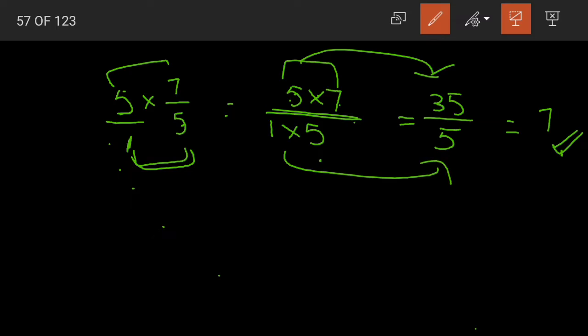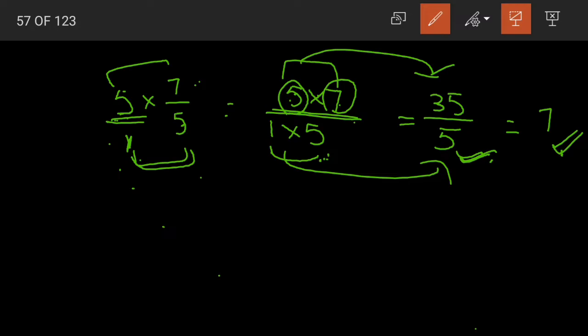So that is why when we have a whole number, we simply go for multiplying the numerator with the whole number. We leave the denominator as it is. Why? Because even if we multiply, 1 into any number will be the number itself. So that is why when we have a whole number, how do we multiply? We just multiply it with the numerator.